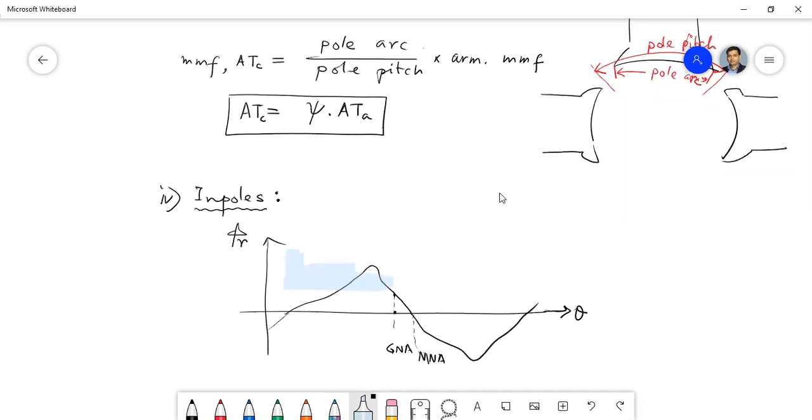Here we have one pole and another pole here. First one is south pole, and then the next one is north pole. So here we have south pole, and here we have north pole.